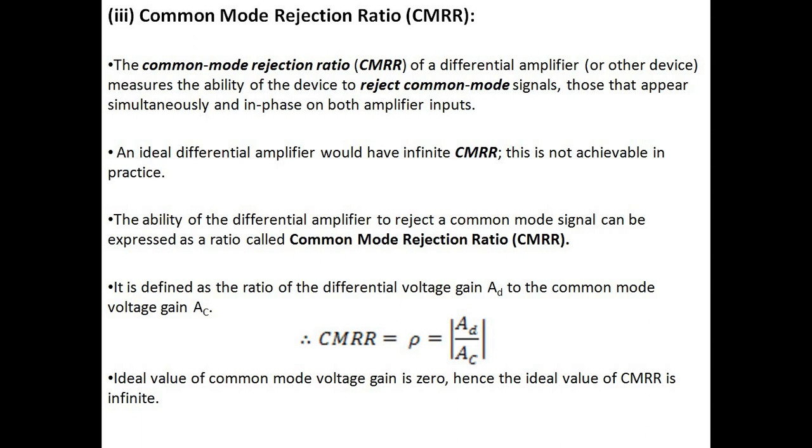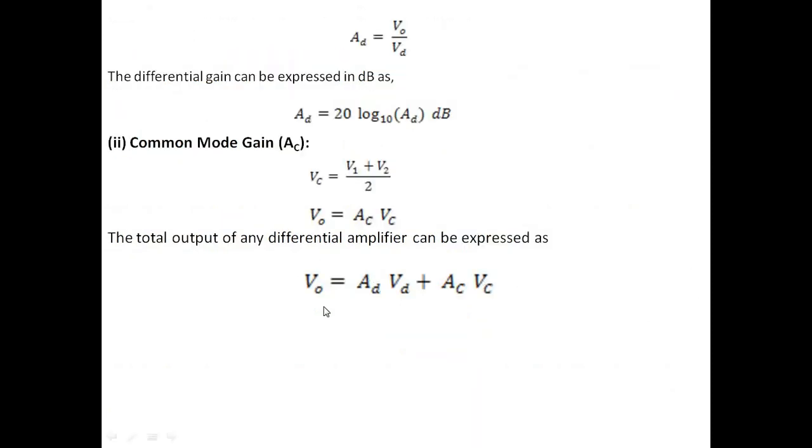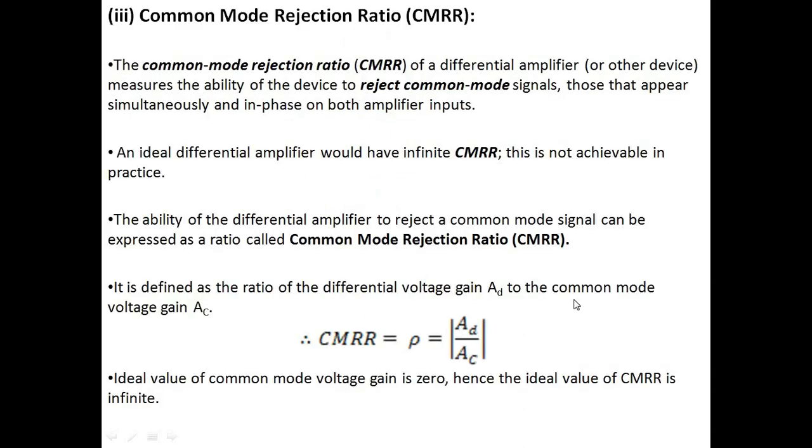Now let us go ahead with the most popular definition, which is related with the terminology called common mode rejection ratio. Let us see the title itself: common mode rejection ratio. It is the ability of the amplifier to reject the common mode signals which are appearing in phase.